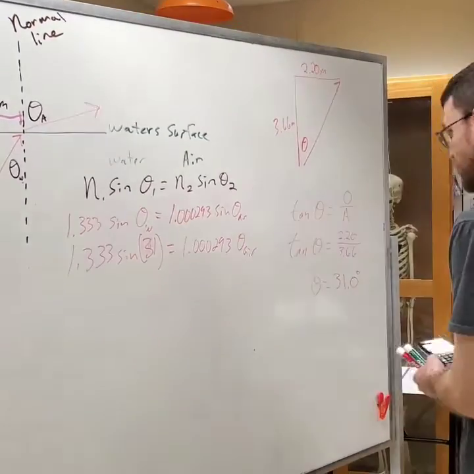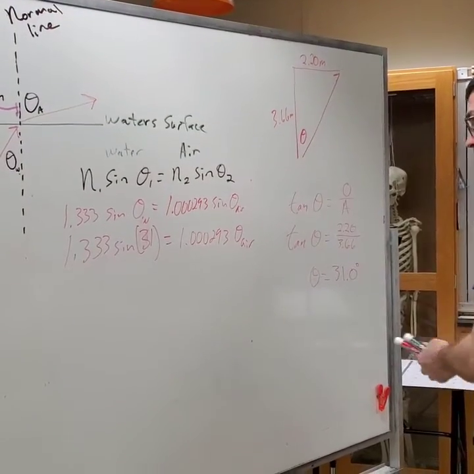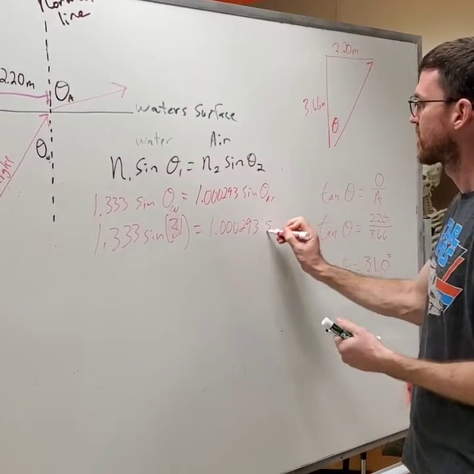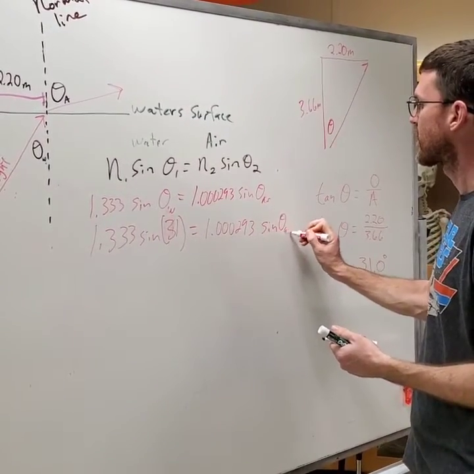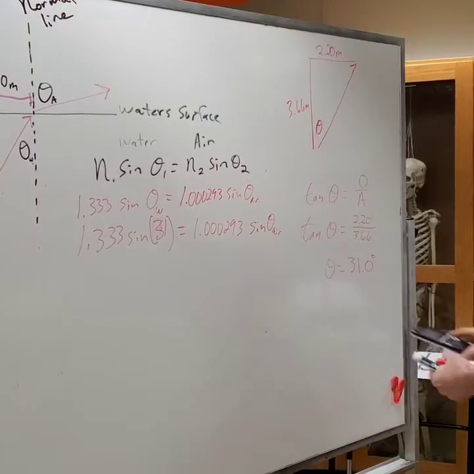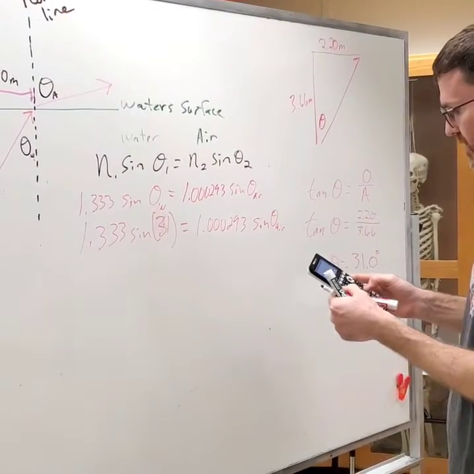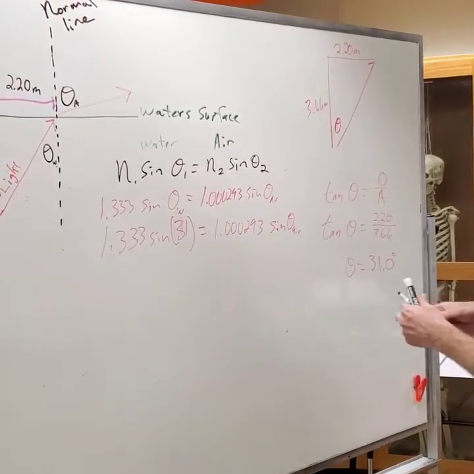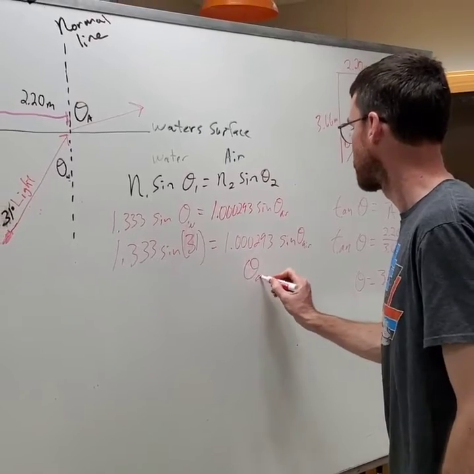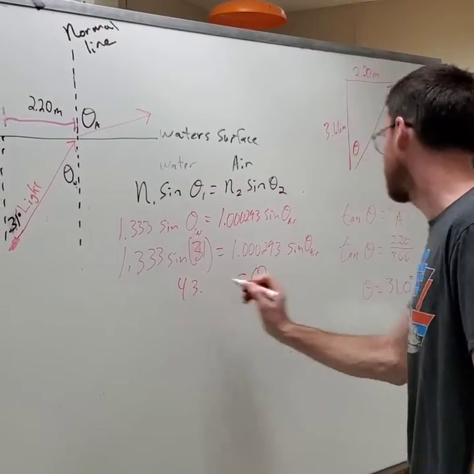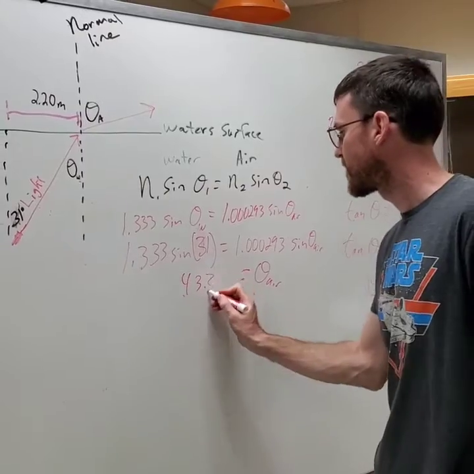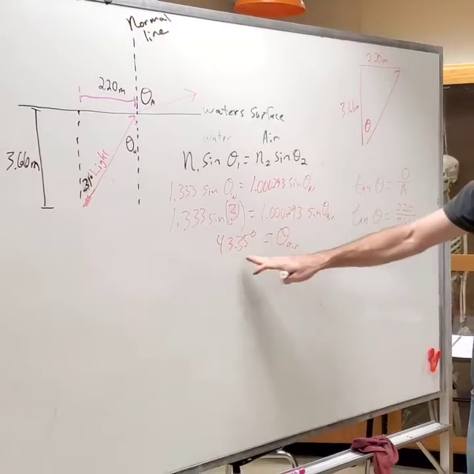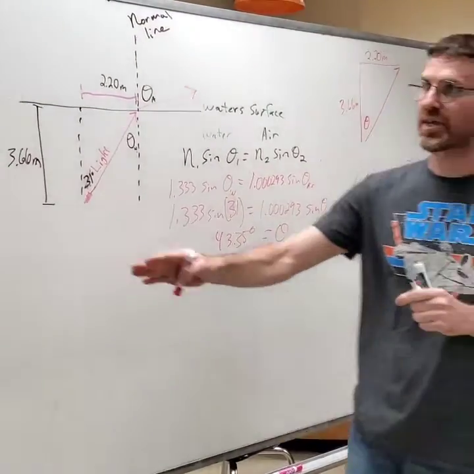Oops, I forgot my sine. Sine theta air. So now we take this, and I get 43.35 degrees.